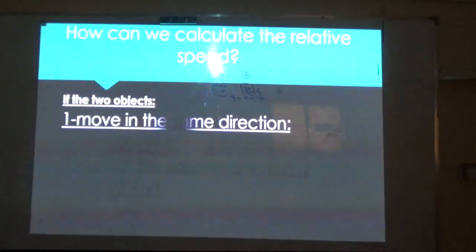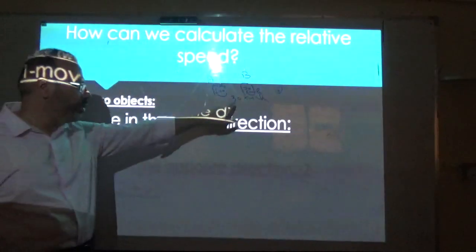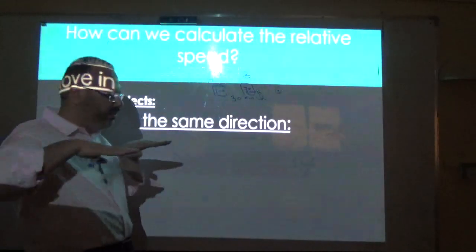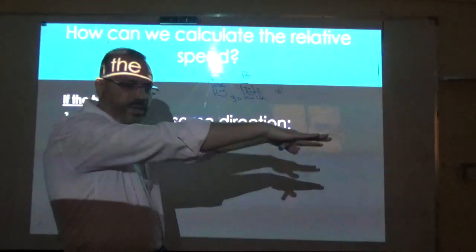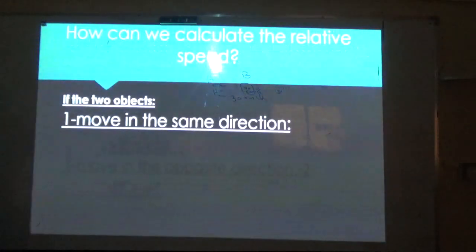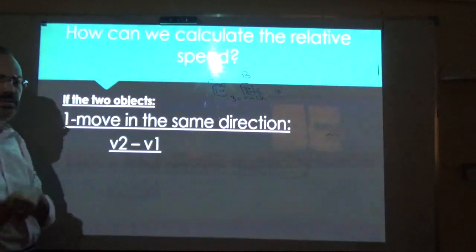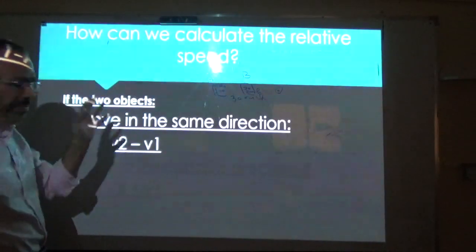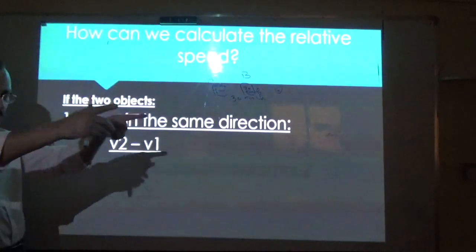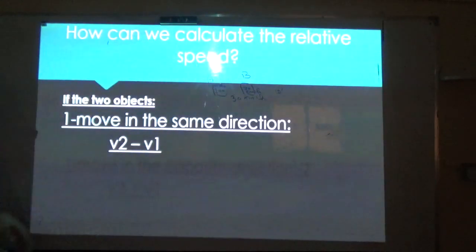If the two objects move in the same direction, like this example, both of them moving in the same direction, we measure the difference between the two speeds, v2 minus v1, or v1 minus v2, the bigger one minus the smaller.